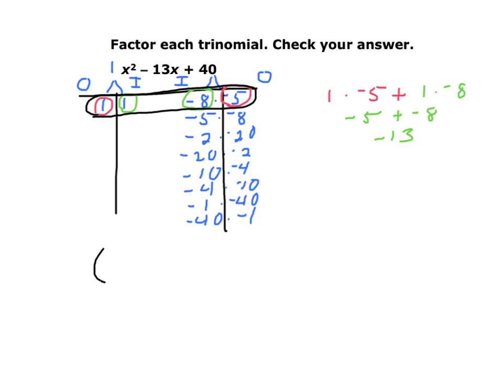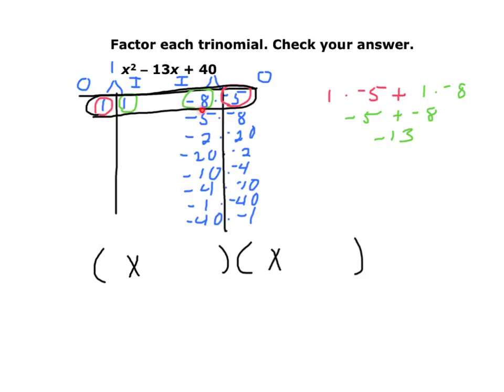All right, so first of all, let's put our binomial groupings down here. Now, remember, because this is x squared, that means I'm going to have an x here and an x here. Okay, now look, the first one goes in the first spot right there. The second one goes in the first spot of the second binomial.